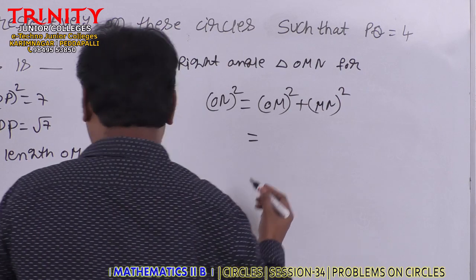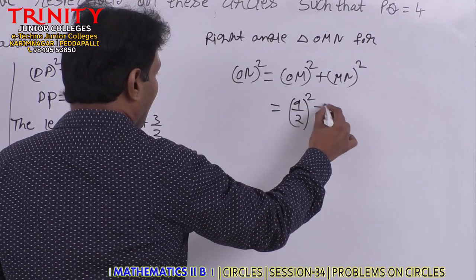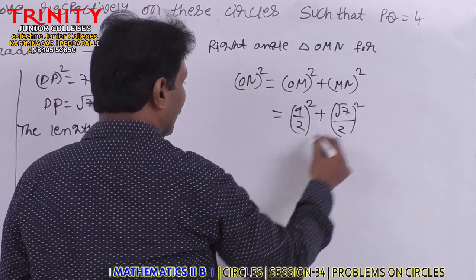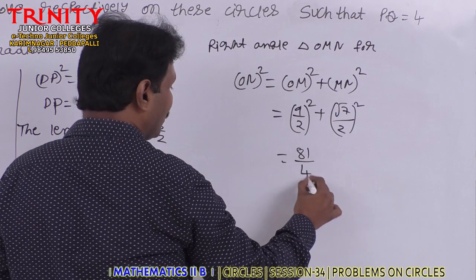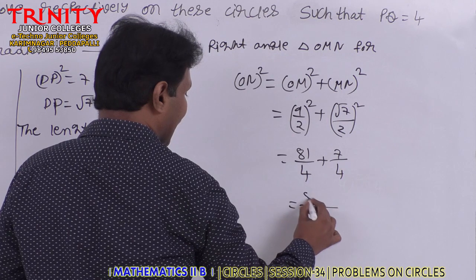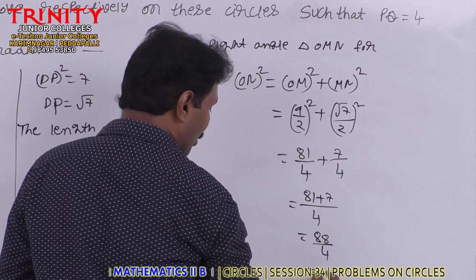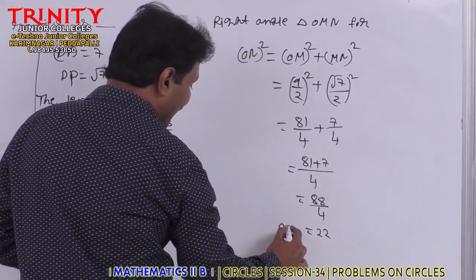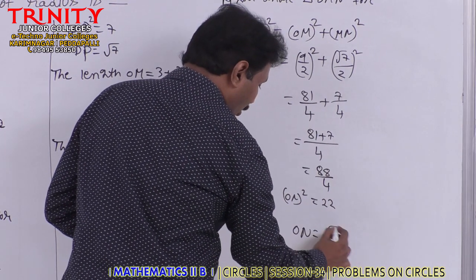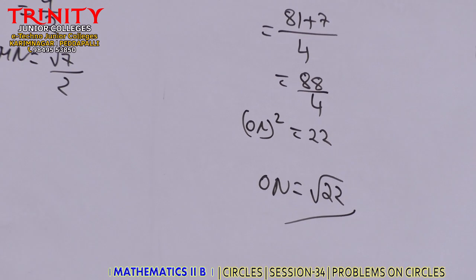That equals 9/2 whole square plus root 7/2 whole square, that equals 81/4 plus 7/4. 81 plus 7 is 88/4, that equals 22. This is ON whole square. It is nothing but the radius. Radius is always positive. The required radius is ON equals root 22.